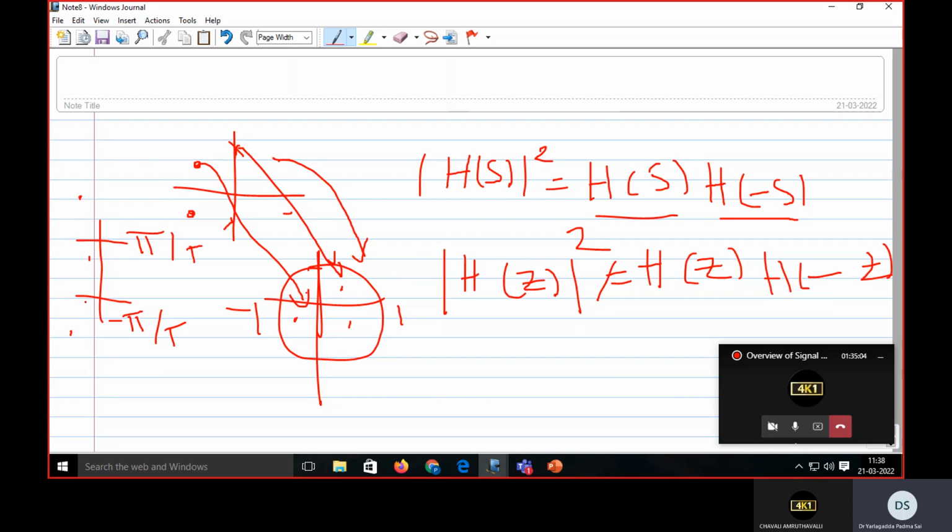Because of that, generally to design a low pass filter or band pass filter, we are using impulse invariant transformation. In that case only 1-to-1 mapping is occurring. Designing is very easy. Designing of your IIR filter using impulse invariant transformation is very easy.